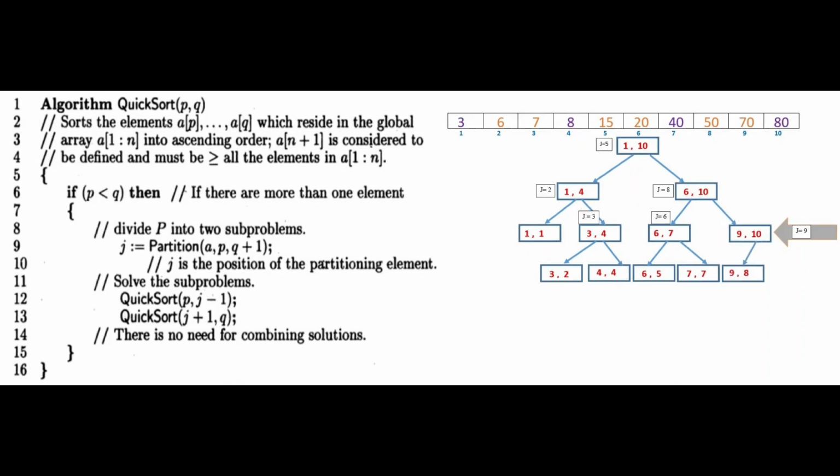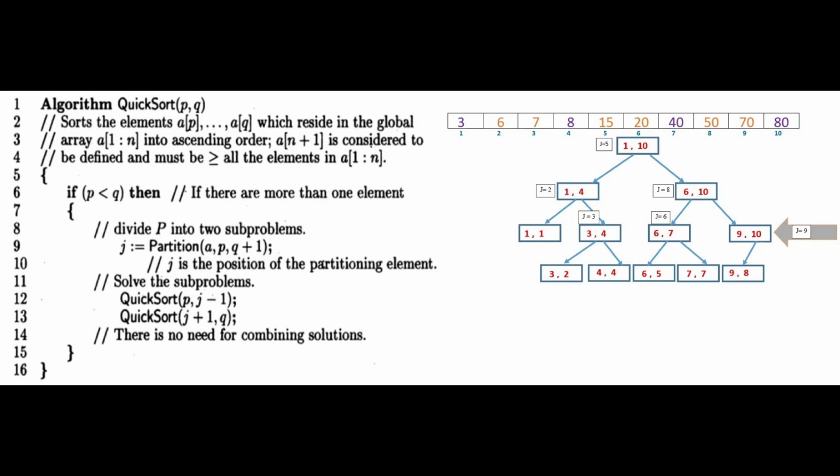Now we are at the beginning of the function with values p is equal to 9, q is equal to 8. In the if condition, p is not less than q, so we do not enter the body of if, and exit from that algorithm, and control returns back to its parent algorithm.